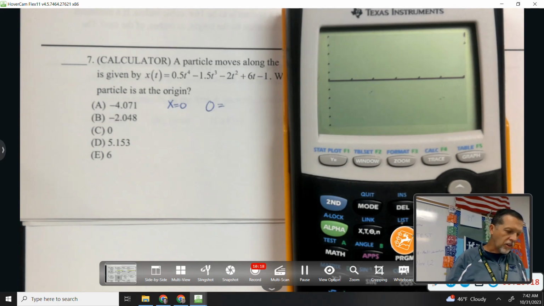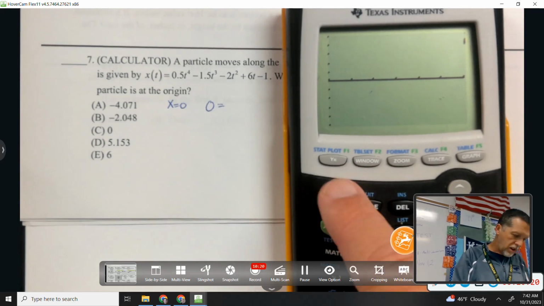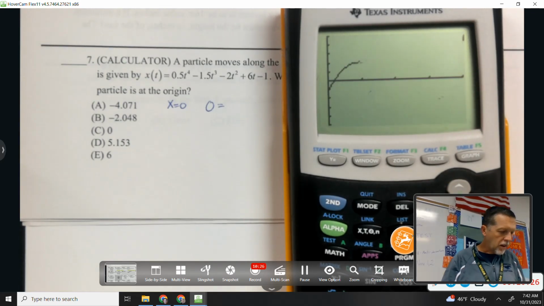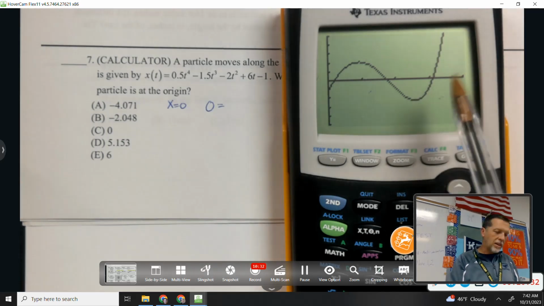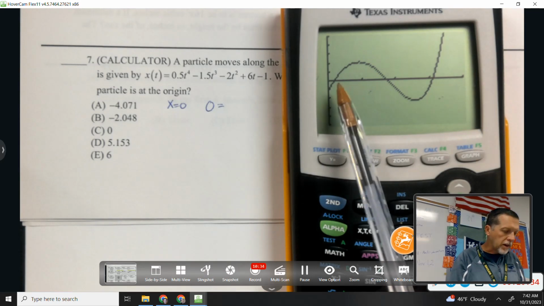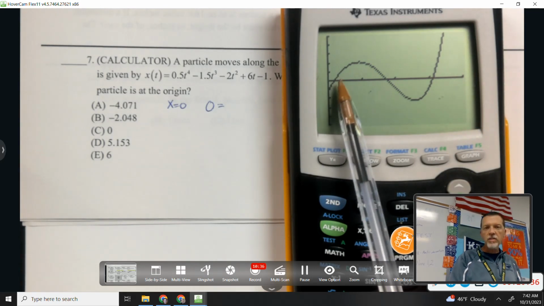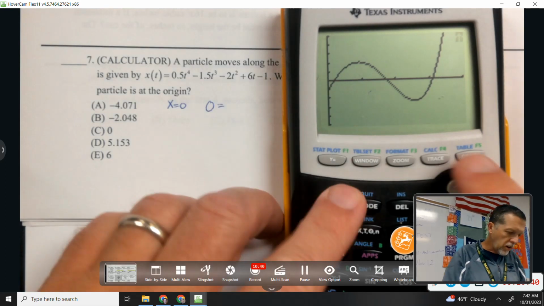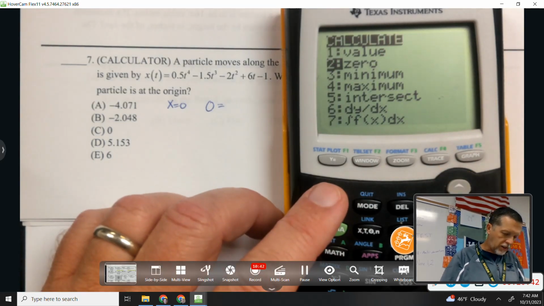Oops, I think I started at 4. Window, yep, let's go 0 to 4. Here we go. Okay, so at the end it goes crazy off the screen, but I don't care about that. The first time it's at the origin, the first time x is 0 is right there. So I need second calc 0.